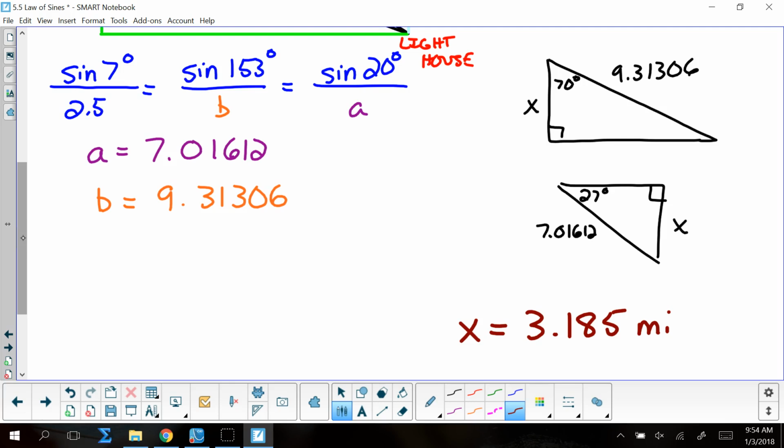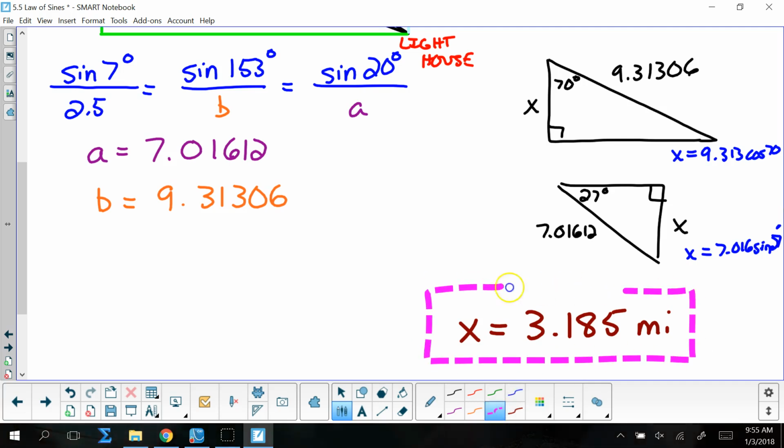Up here it would be a cosine, so x is going to equal 9.313 cosine of 70. Down here it would be sine, so x is going to equal 7.016 sine of 27. Barely fit it in there. Okay? With me?